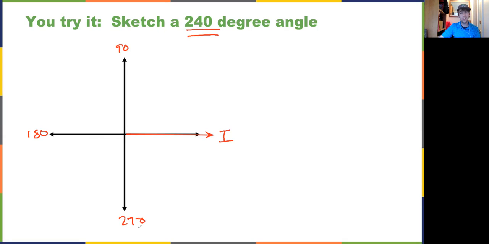It's 30 degrees less than 270. So it's going to be closer to 270. It's going to be 30 degrees away here, or 60 degrees away from here. And I want to estimate that. I want to try to do it as accurately as I can. But here is our angle of rotation of 240 degrees, starting at our initial side and ending at our terminal side.